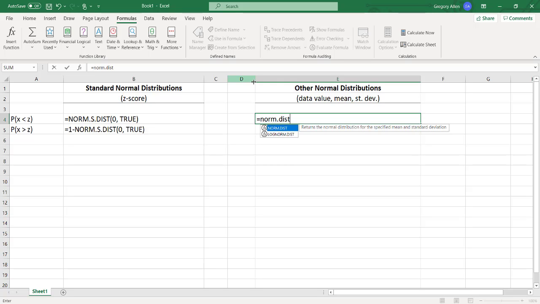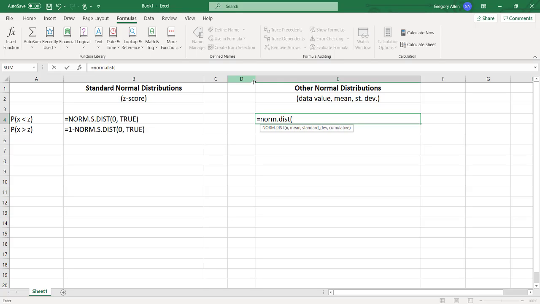Notice that I left out the S. When I open the parentheses, it's going to ask me for two additional values. In addition to the X value, notice it's X, not Z, because we use X for data values, Z for z-scores. Now it wants the data value, the mean, the standard deviation, and again that cumulative parameter.